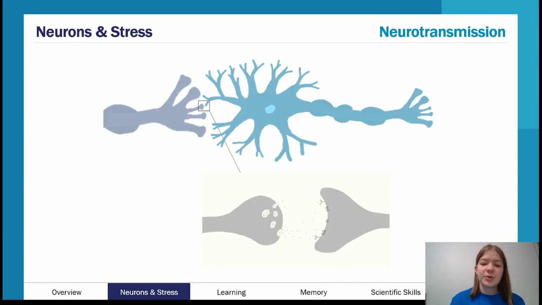So in the axon terminal, we have these dots, which are representing neurotransmitters being released across the synaptic cleft or gap. So they're going to diffuse, drift across, and then they're able to attach to those receptors on the dendrite, or on the postsynaptic membrane is another way of phrasing it.